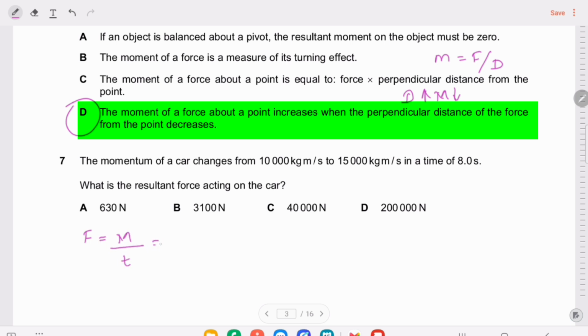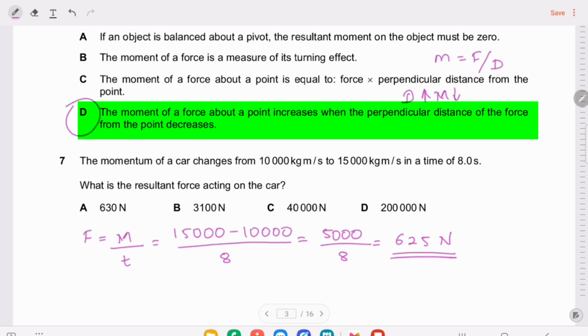The change of momentum is 15,000 minus 10,000, divided by the time, which is 8 seconds. So this will give you 5,000 divided by 8, that is 625 newton is the force. So the closest answer is 630 newton. So your option A is correct. Momentum questions always use force equal to rate of change of momentum.